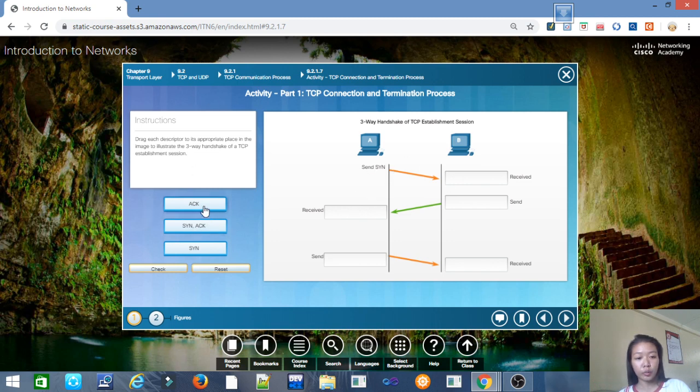We have here three choices: the ACK, SYN, or ACK, then SYN. SYN means synchronize, then ACK means acknowledge.